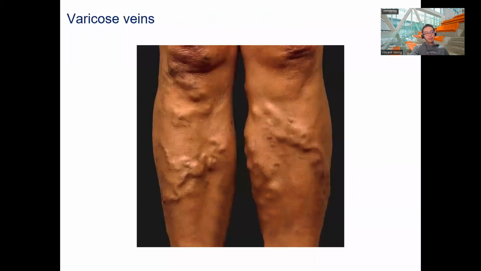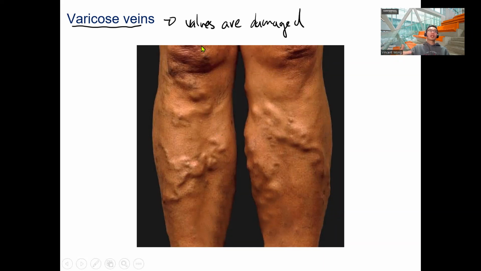Now sometimes you might have these, or you might know people who have these. These are called varicose veins, and that's when the valves are damaged. Okay, the valves in the veins are damaged, and the blood is not able to empty completely and return to the heart, and it starts pooling in the legs, and you can see all these veins kind of bulging out.